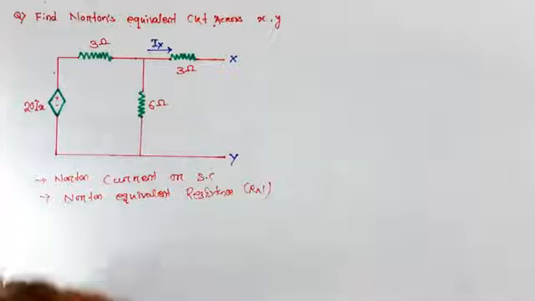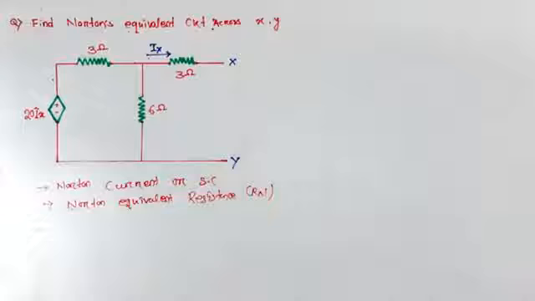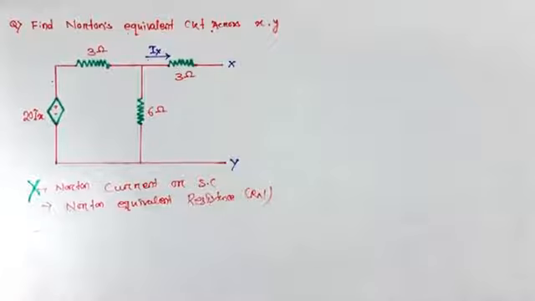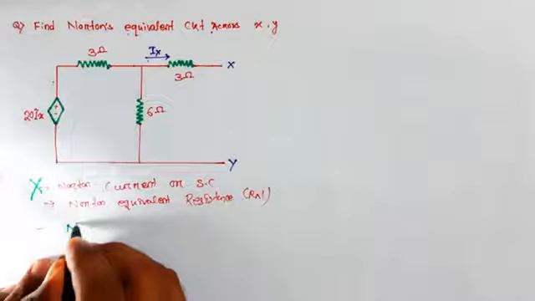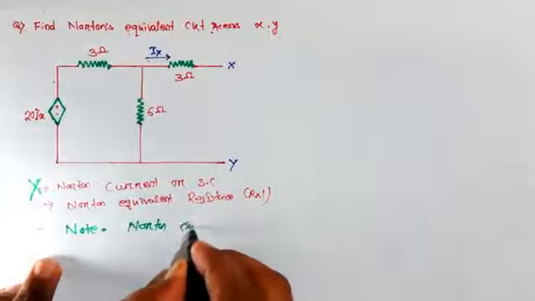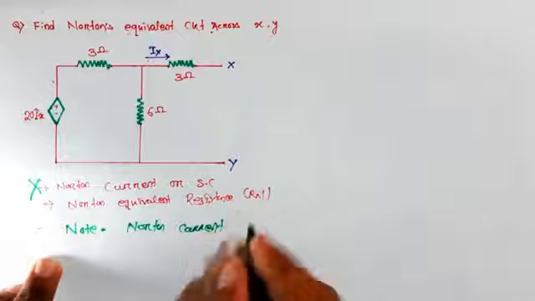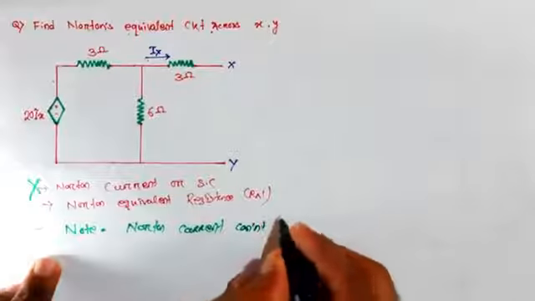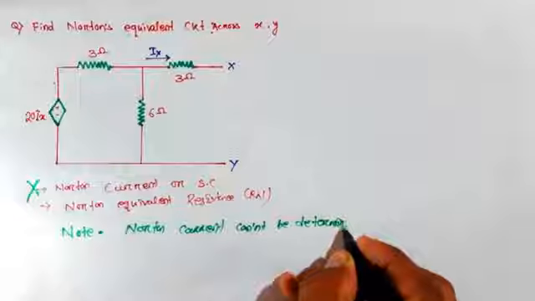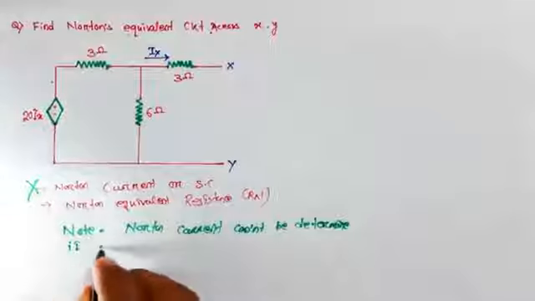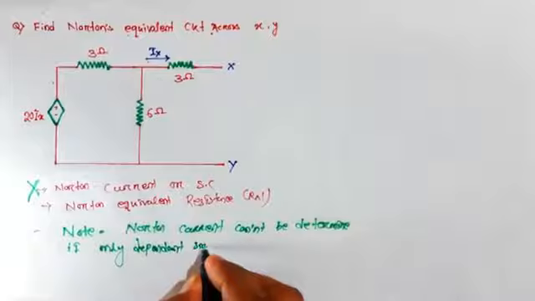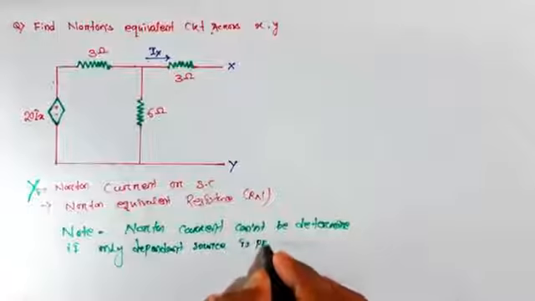For finding Rn, here the Norton current cannot be determined if only a dependent source is present.